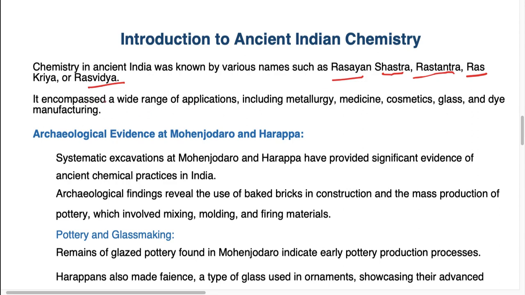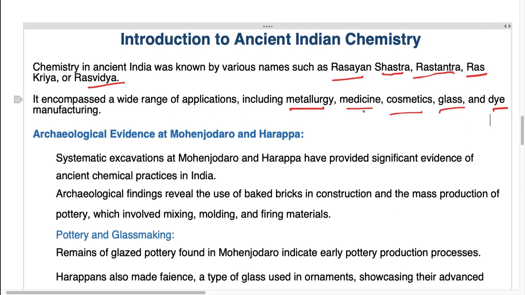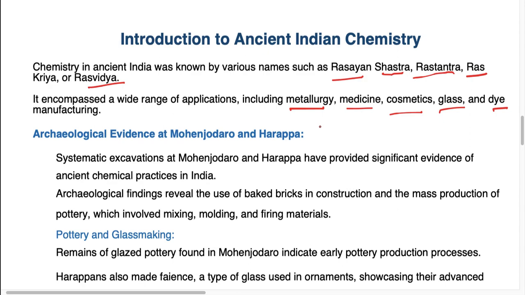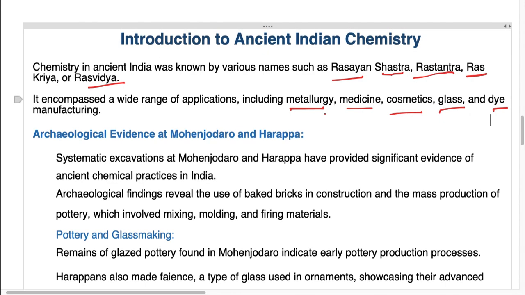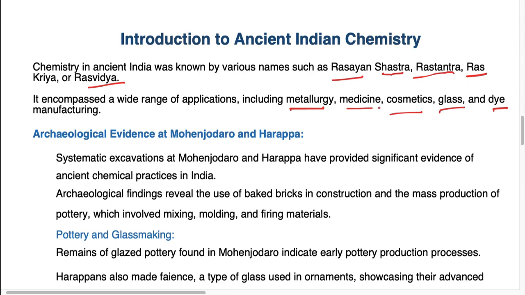It encompasses a wide range of applications, including metallurgy, medicine, cosmetics, glass, and dye manufacturing. So these are the various applications that chemistry has, and these are some examples of its fields.